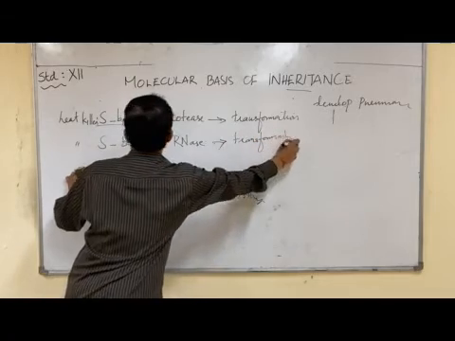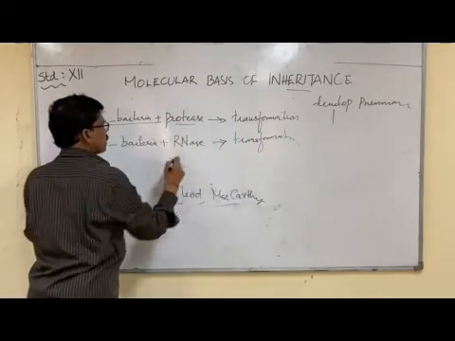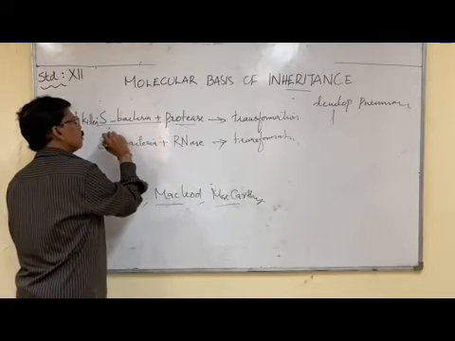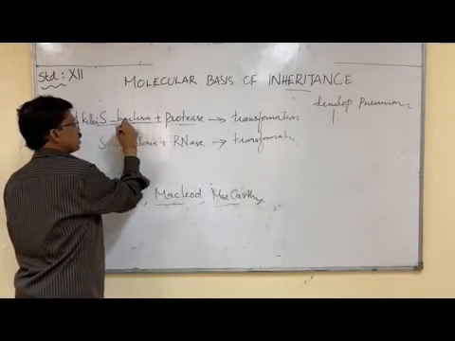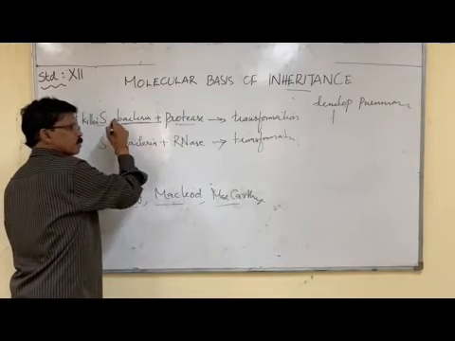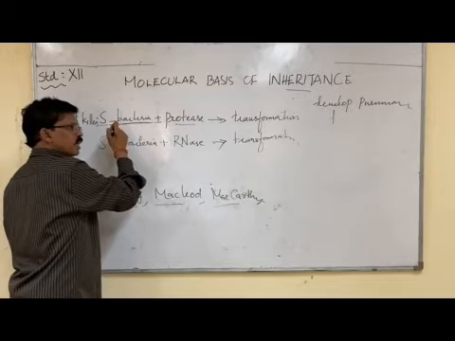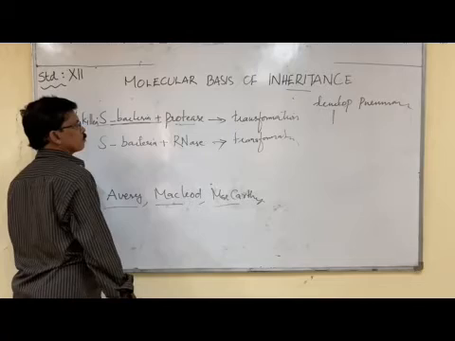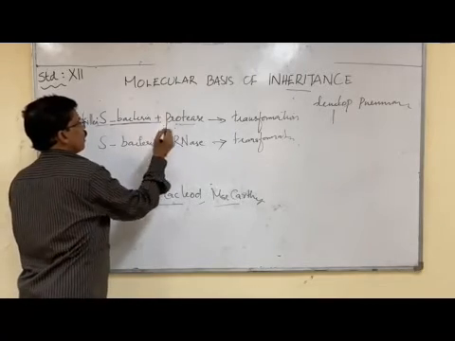You know why transformation took place? Because protease is an enzyme that only dissolves the protein component of heat-killed S bacteria. DNA being stable, the DNA is intact. That DNA could transform the R type into S type.